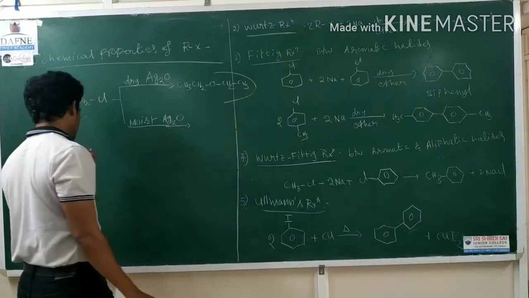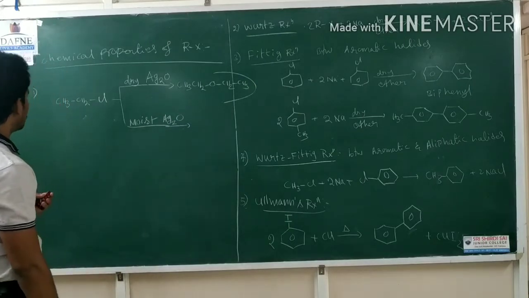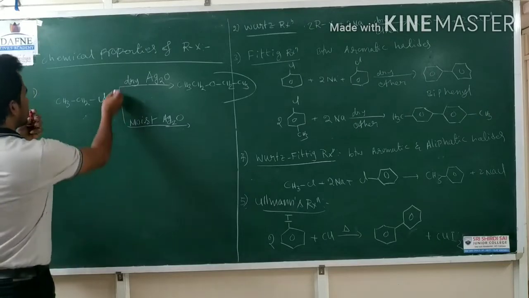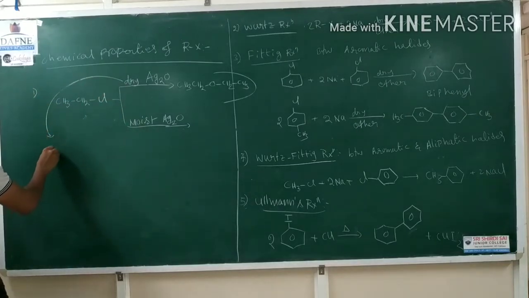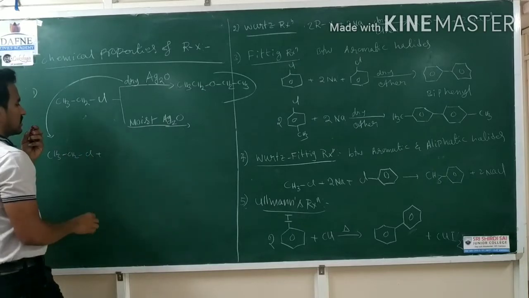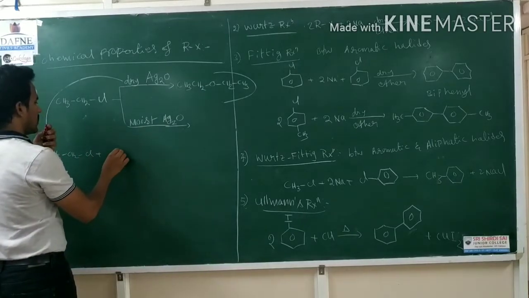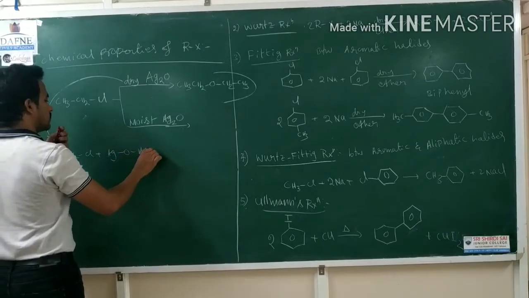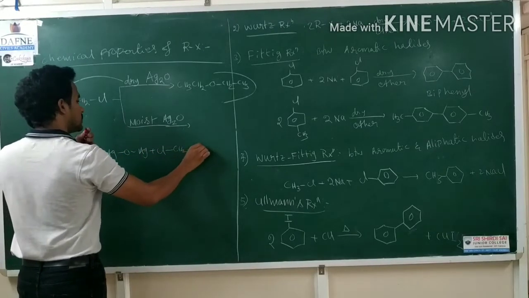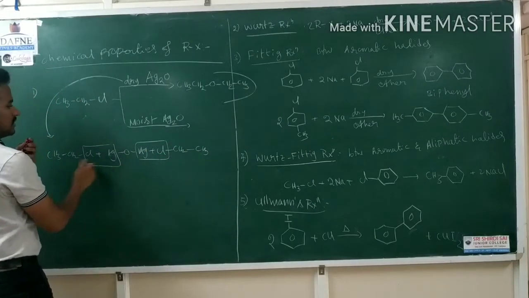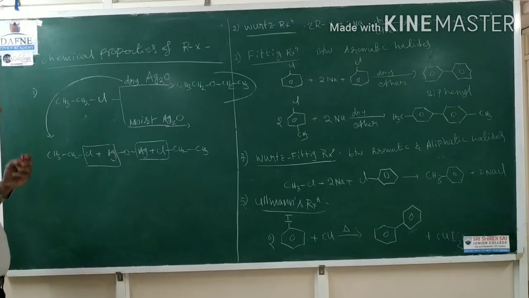Here, CH3CH2Cl and silver oxide, AgOAg, plus Cl CH2 Cl. So with loss of AgCl, we will get the diethyl ether.